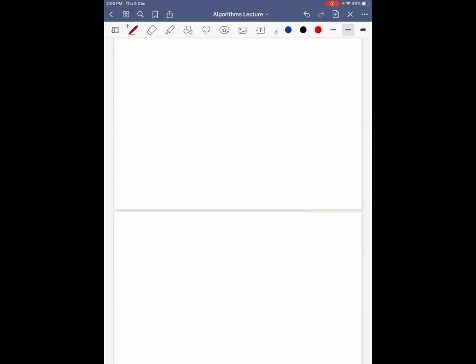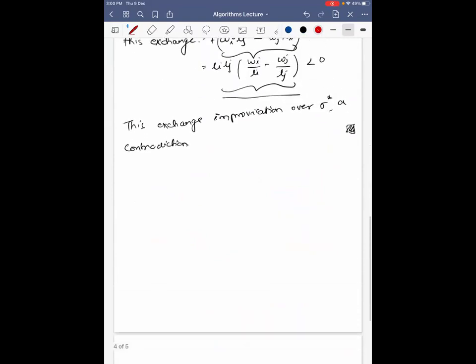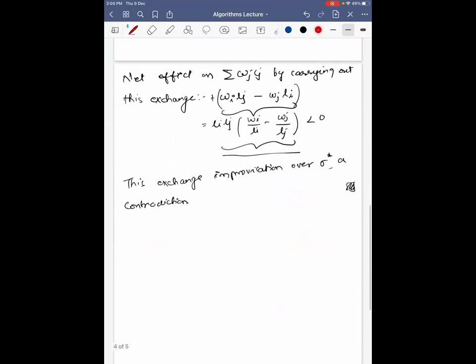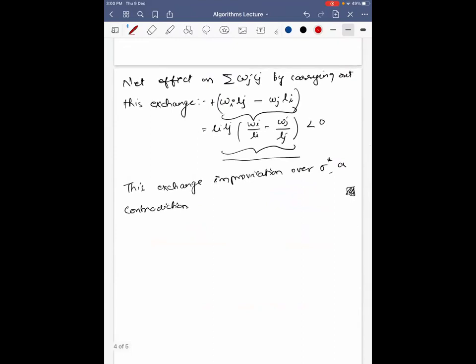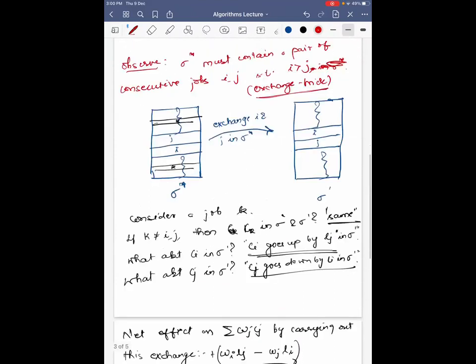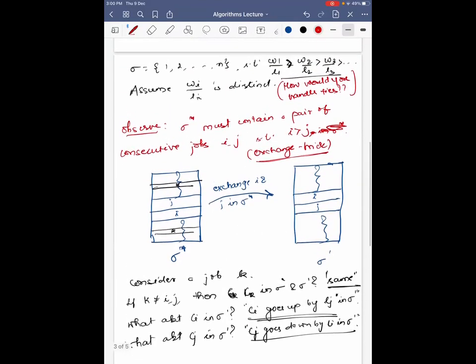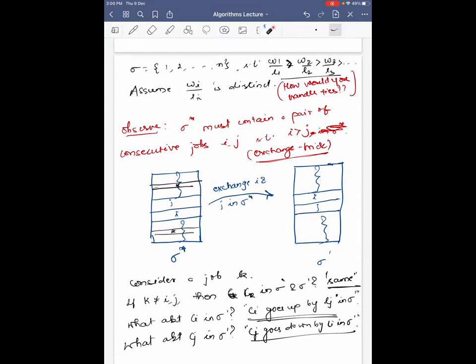Sir, I just wanted to comment on one of the doubts, which was: if you were to just take away the maximum wi by li, let's say wi star by li star is the maximum, and then we were just to add li star to the lengths for the rest of the jobs, then that will be an equivalent problem in a recursion sense.